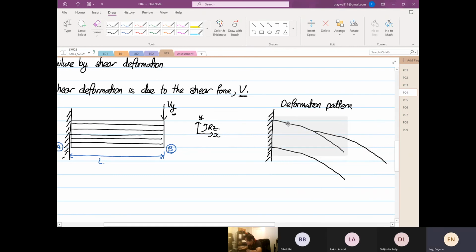Now, in between these layers, you have this going on.